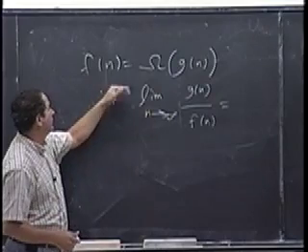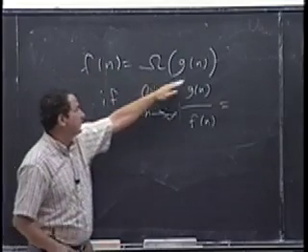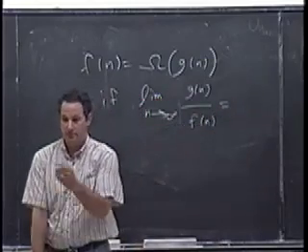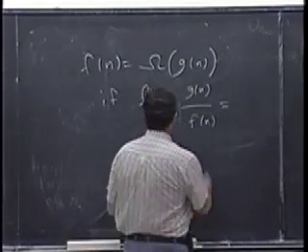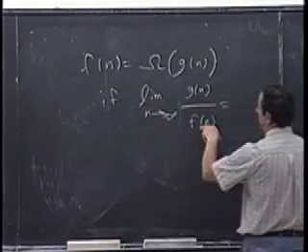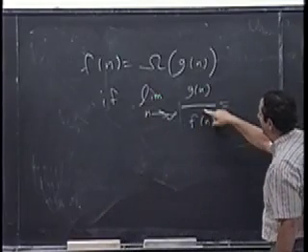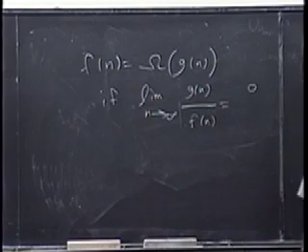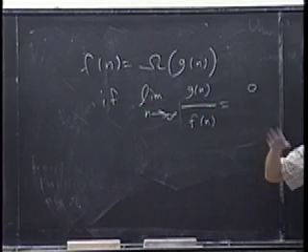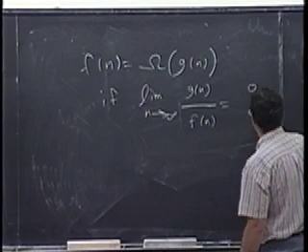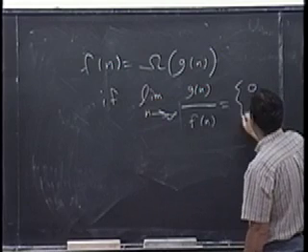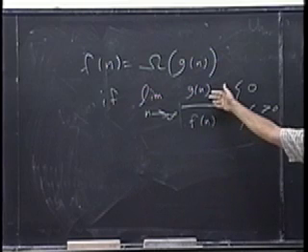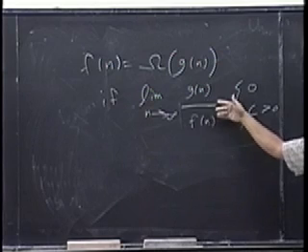So if intuitively what I want is that f of n grows at least as fast as g of n, then what are the possibilities over here? Either a constant or 0. Yeah, if I want f of n to be growing at least as fast as g of n, maybe it really dominates g of n, in which case this thing goes to 0. Or it's about the same after all the constants get canceled and the small terms fall out, and then we have a constant which is bigger than 0, but we don't have infinity. We don't have the case that g of n really outstrips f of n, because then this limit would be infinity.